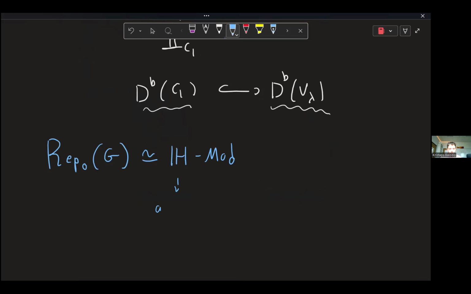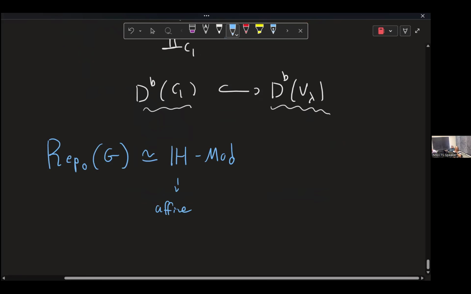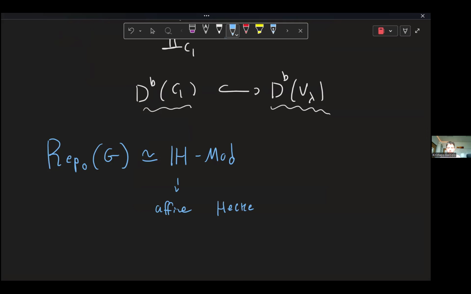One thing, before, you probably said it again, but what is Rep zero? I've probably forgotten. So Rep zero is the principal block of the category of representations of G. What that means is our category of representations has this nice direct sum decomposition.